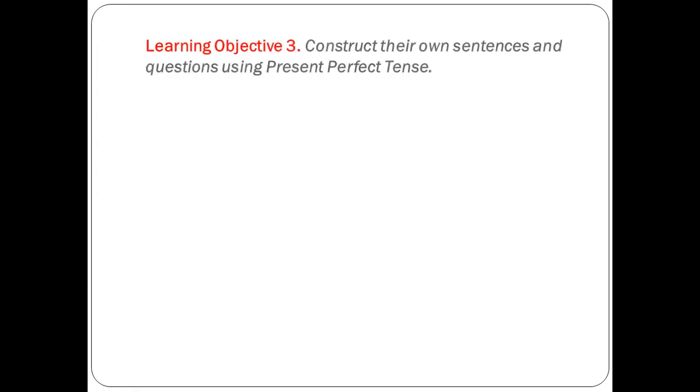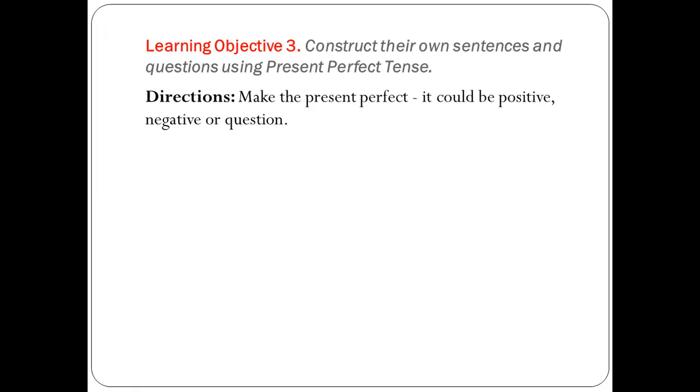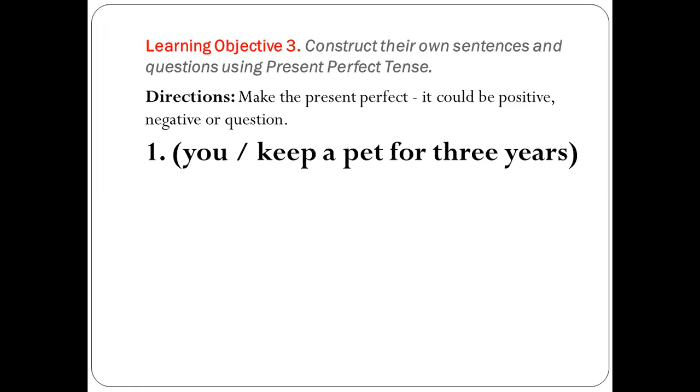Learning objective number 3, construct their own sentences and questions using present perfect tense. So directions, make the present perfect. It could be positive, a negative, or a question. Can you arrange this and make a sentence? Okay, let me see if your sentence is correct.